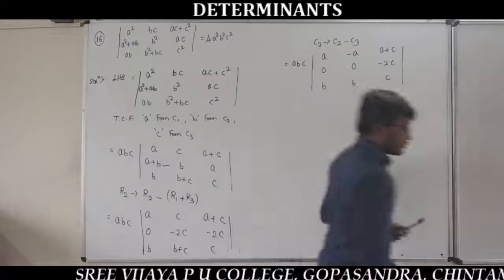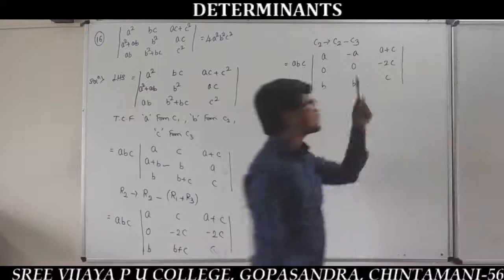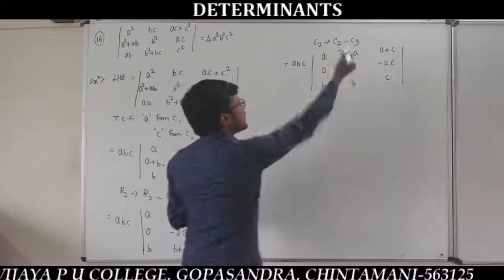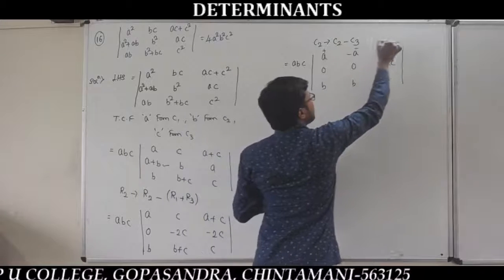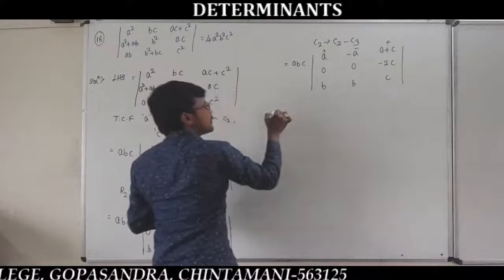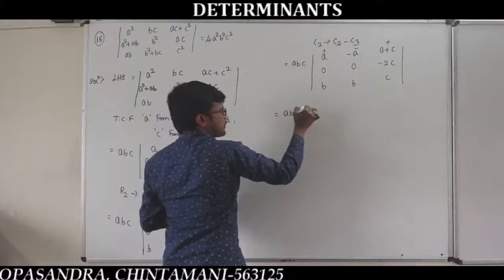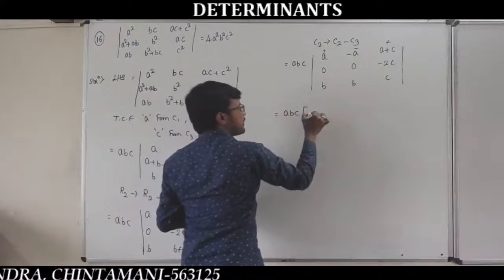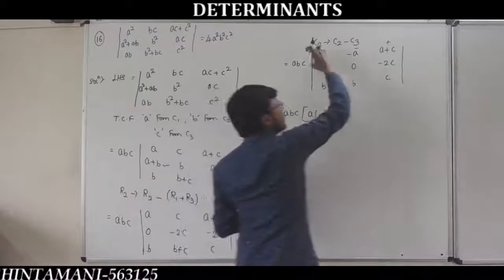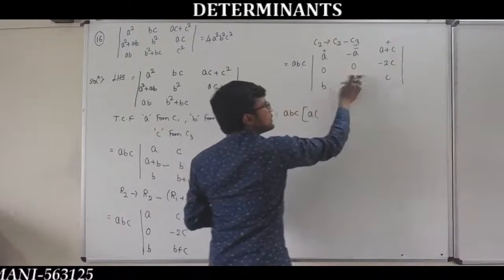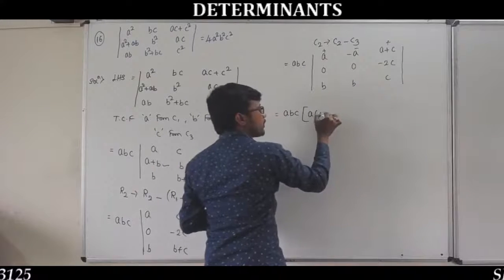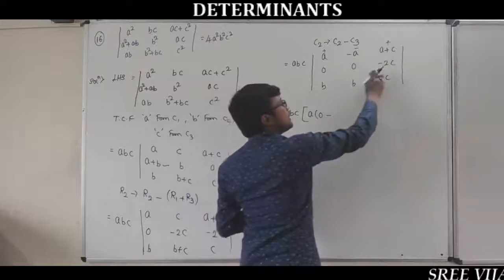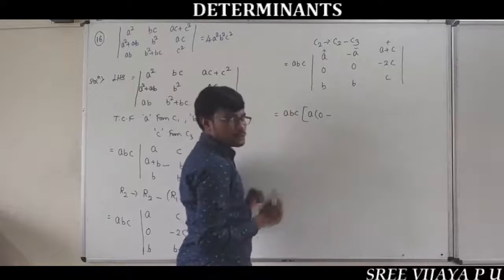So you got in the R2 two zeros, right? So then you can expand. It becomes very simple. Plus minus plus. So A B C. For the first element A, you can use the first row, first column. 0 into C, 0 minus B into minus 2C, minus 2BC.